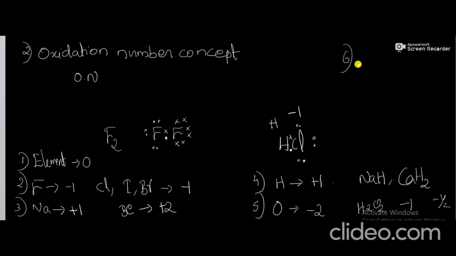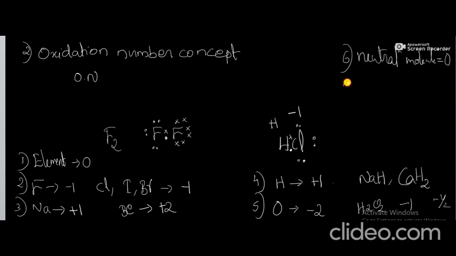Then sixth rule: in neutral molecules, the algebraic sum of the oxidation numbers of all the atoms is equal to 0. In a neutral molecule, the sum of oxidation numbers is equal to 0.